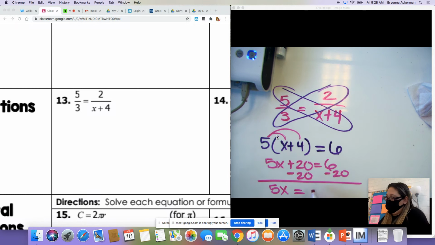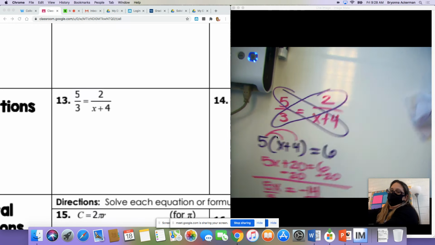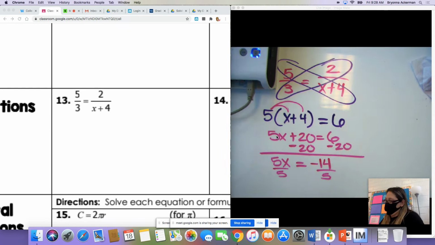So we're going to get a negative what? Good. And then divide both sides by 5. And so x is negative 14 over 5.